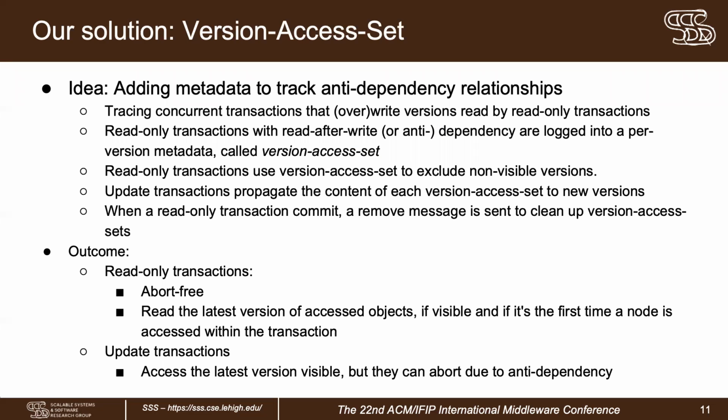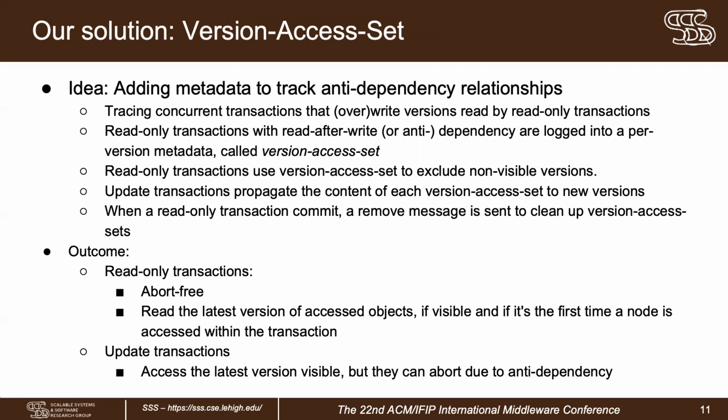Read-only transactions can log their information into the version access set of their read objects. So based on that information, read-only transactions are able to pick a fresh and also a correct version of a key or object.